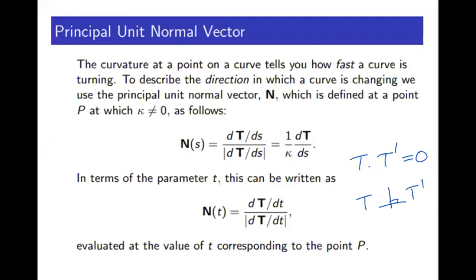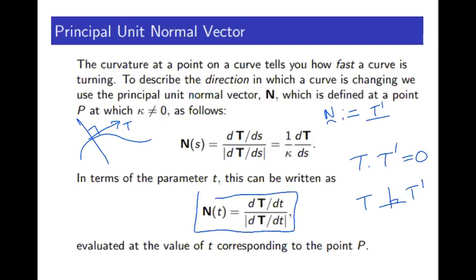Here we have T, and T prime is perpendicular to T, from this side to that side. I don't know the direction exactly. If I define N as T prime divided by its magnitude, this becomes another unit vector, which is normal to T.